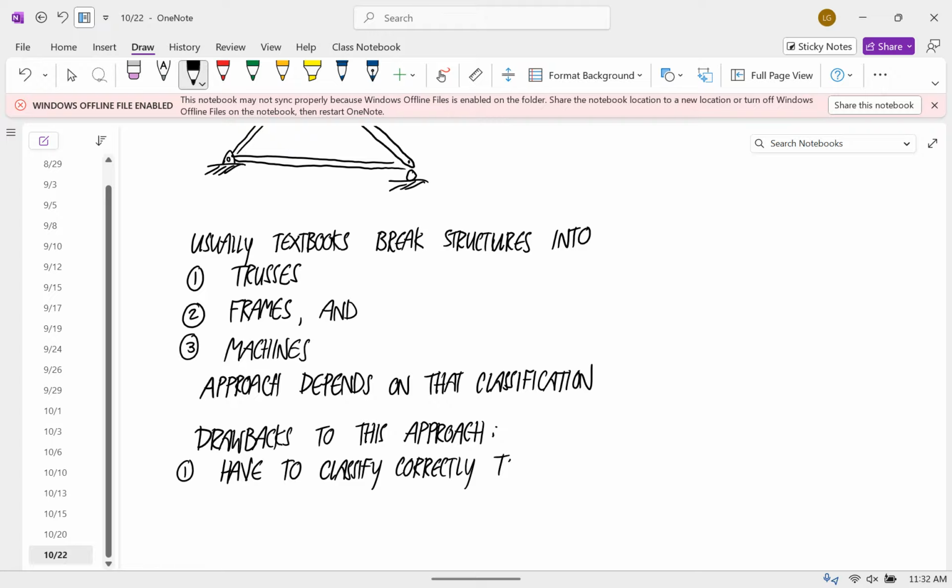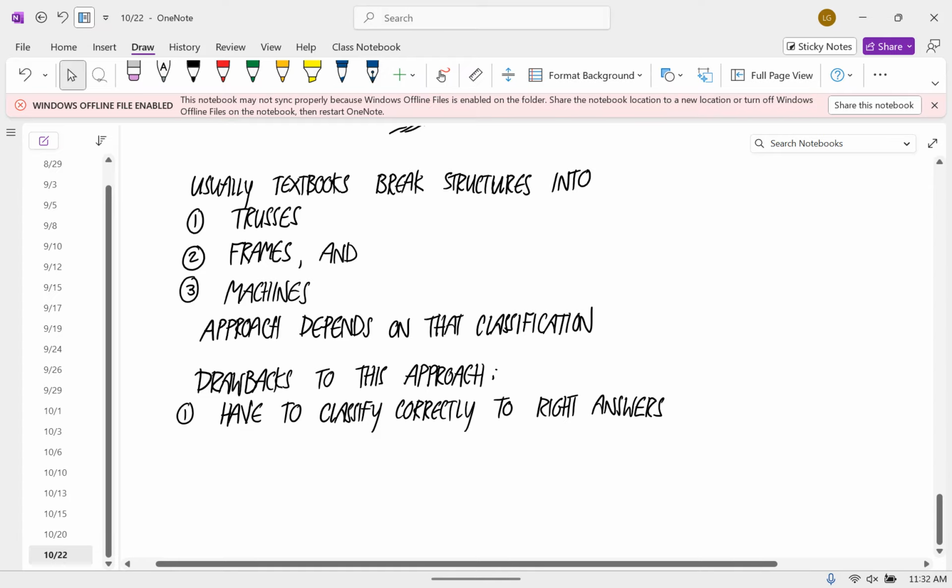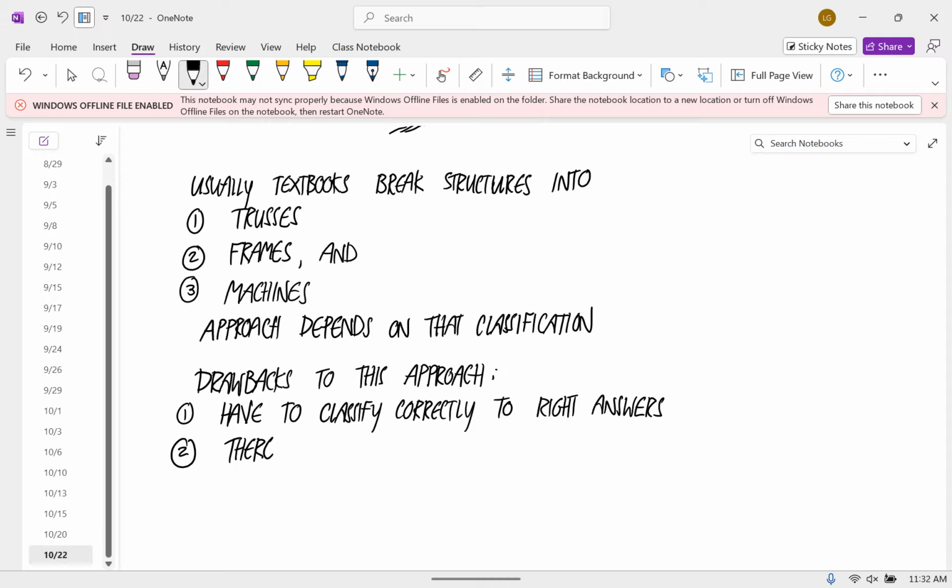So you have to classify correctly to get the right answers. And then second, there are statically determinate structures that don't work for any of these 3 approaches. There are structures that are perfectly solvable using statics, but these methods can't solve them.